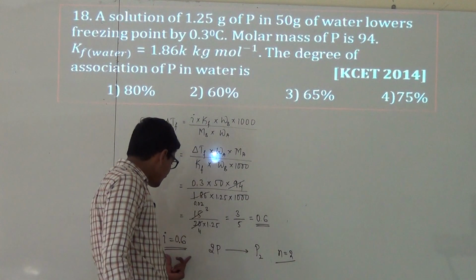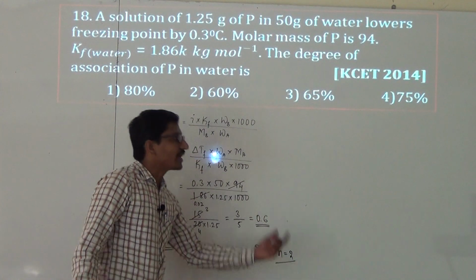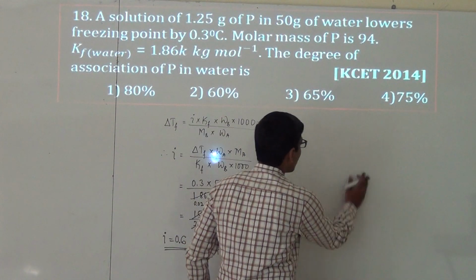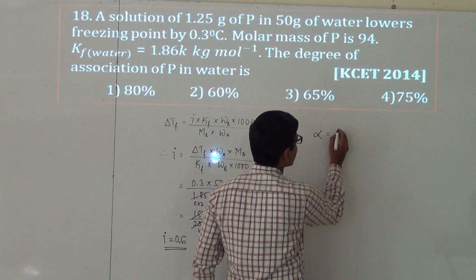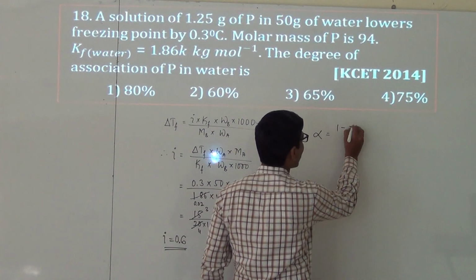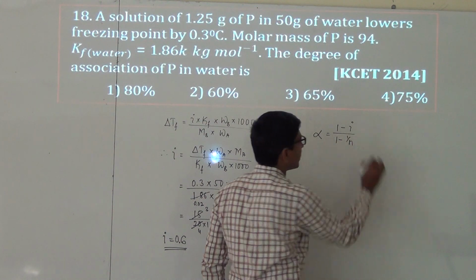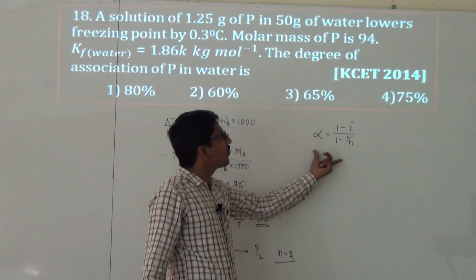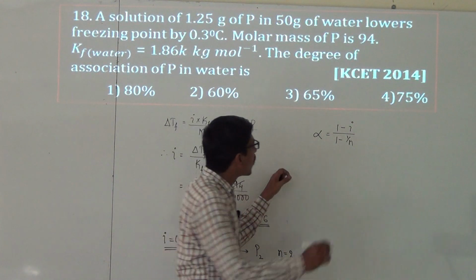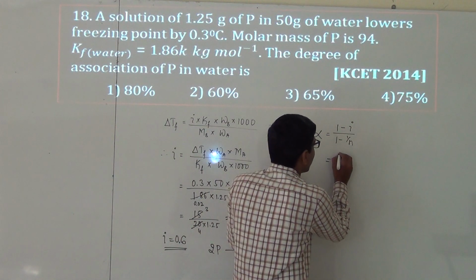From these I and n we can calculate the degree of association. Alpha is equal to 1 minus I divided by 1 minus 1 by n. From this relation, the degree of association of P in water can be calculated.